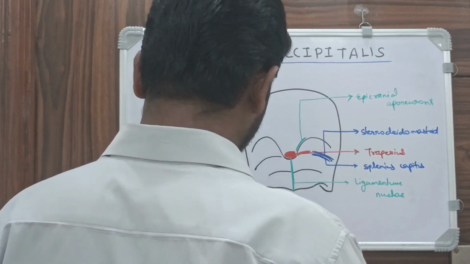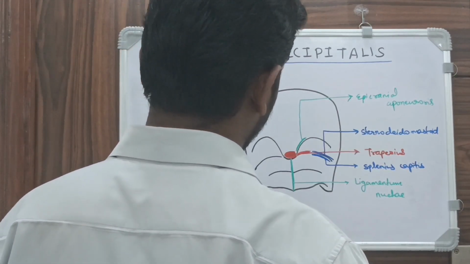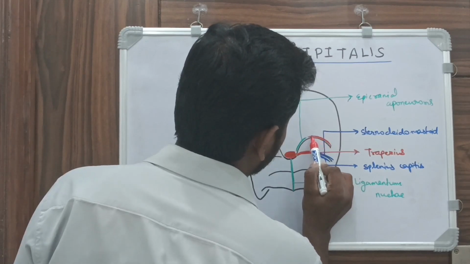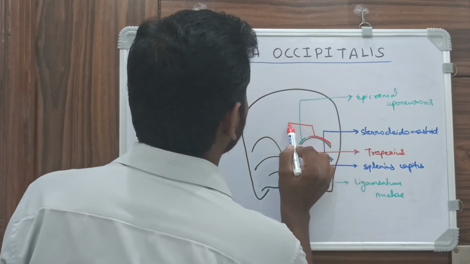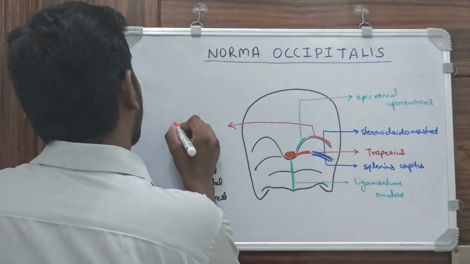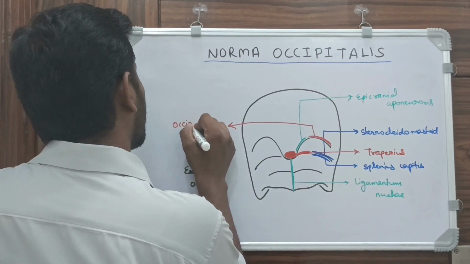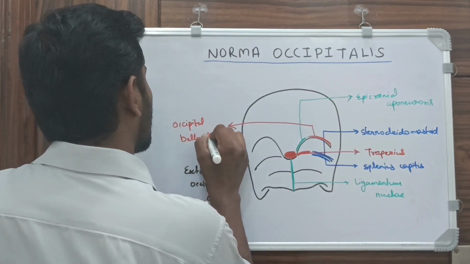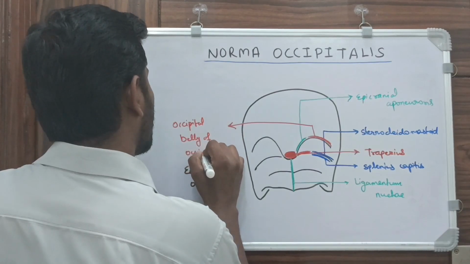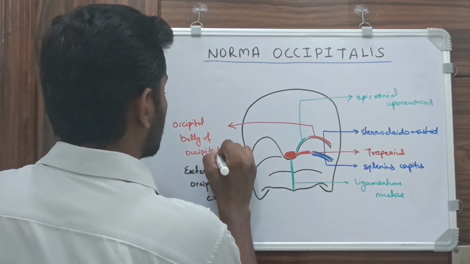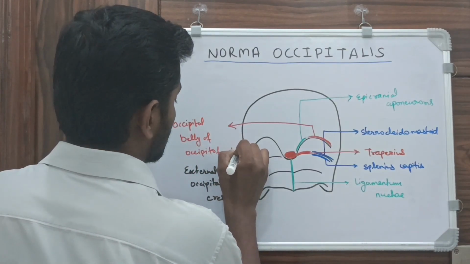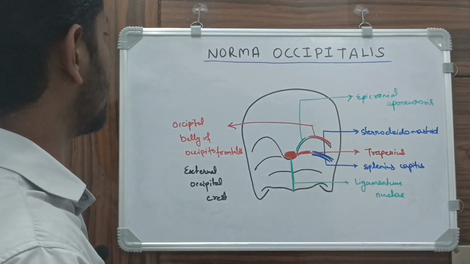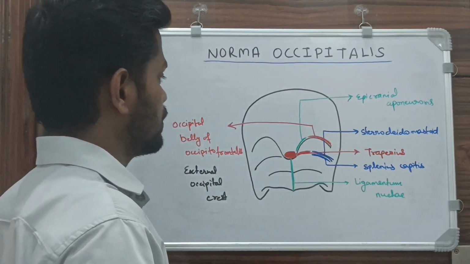And in the lateral part of the highest nuchal line, we have the origin of the occipital belly of the occipitofrontalis muscle. So these are the attachments over the norma occipitalis.